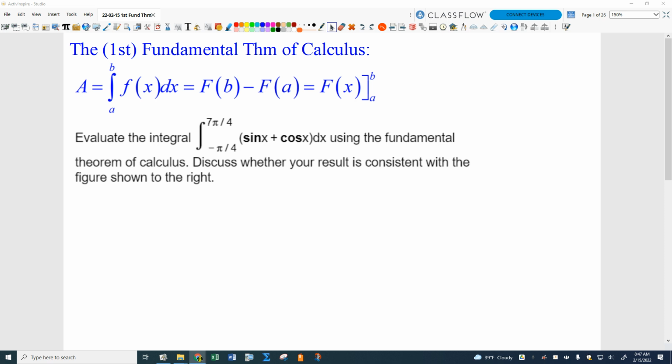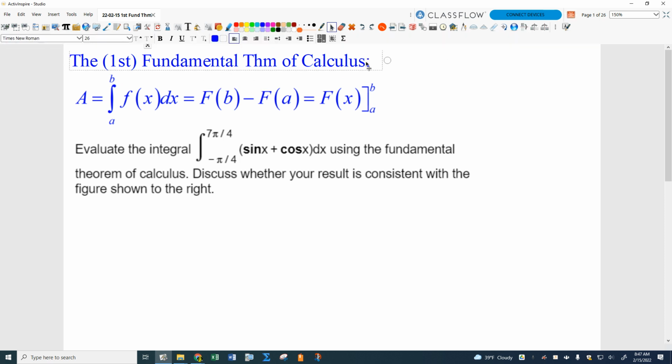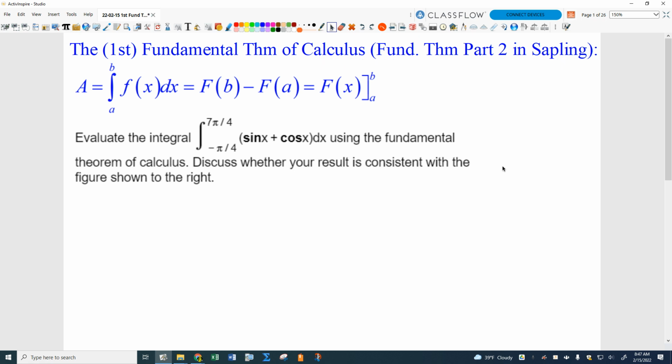In our book, they call it the fundamental theorem part 2. Okay?